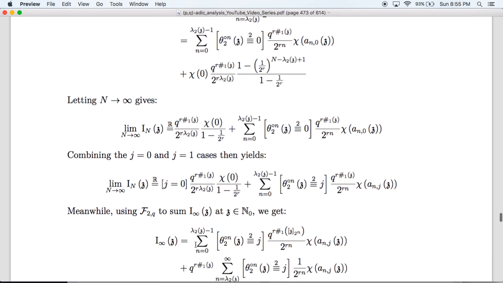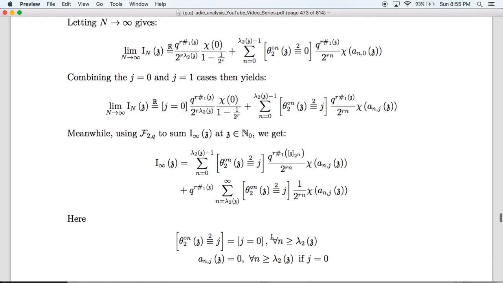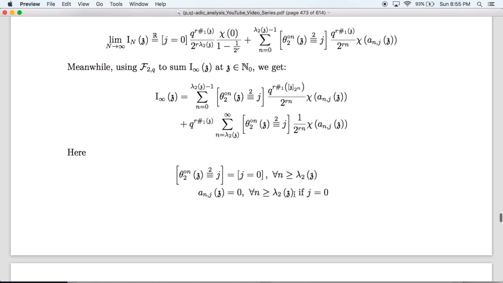So what we want to show is that this thing converges to 1 infinity, and to do that, let's just use our frame sum of 1 infinity at z in n0, and when we do this, going through the motions, we get the following. And here, if j is 1, this vanishes identically, and if j is 0, this is 1, and this reduces here to 0 on the inside.